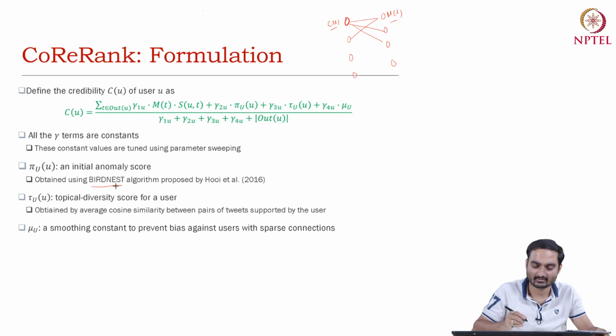So what does BIRDNEST do? BIRDNEST takes a bipartite network, and with each node we also need to provide a feature set, a vector, it can be any vector, and then BIRDNEST produces an outlier score for every node.